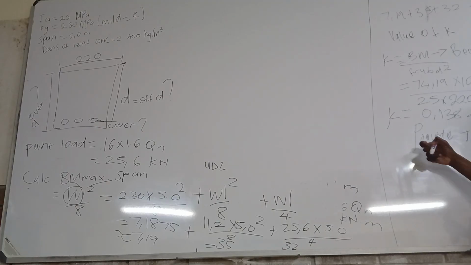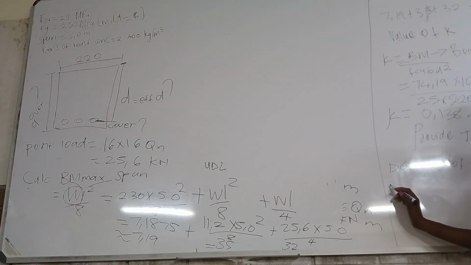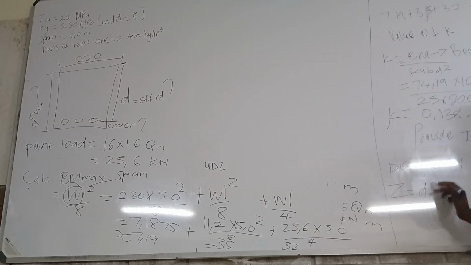Okay. So after the value of K, what do we calculate? The lever arm distance. The formula: Z is equal to d times 0.5 plus the square root of 0.25 minus K, divided by 0.9.